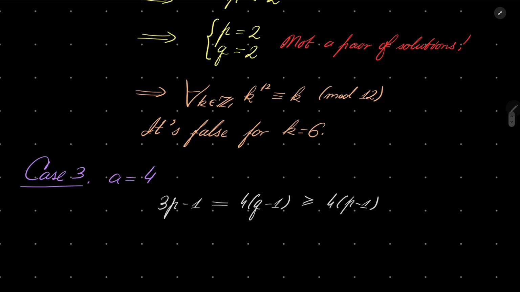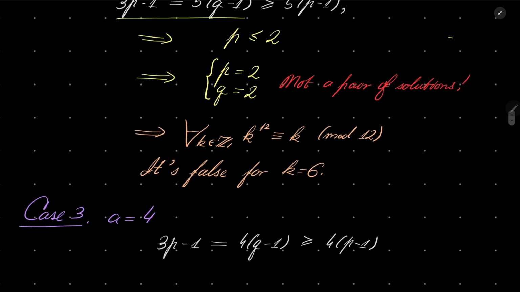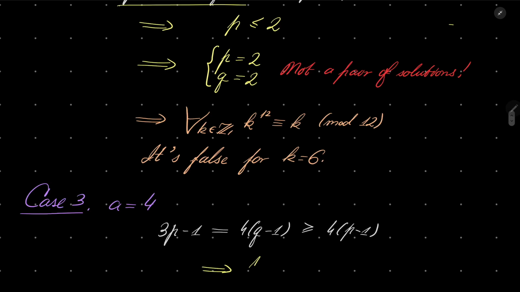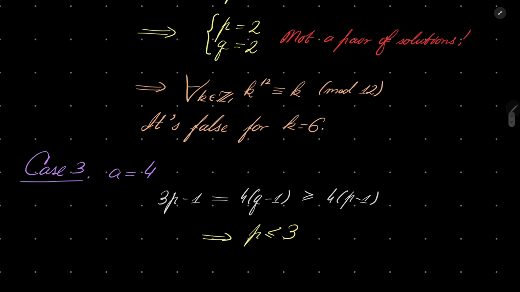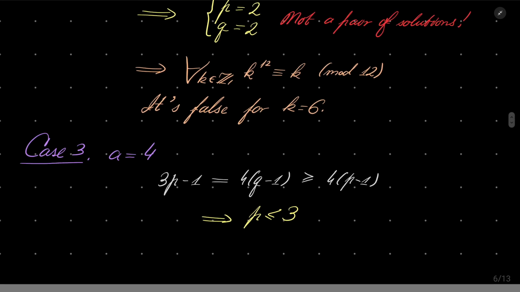And after some shuffling, that means that P must be less than or equal to 3, probably 3. Yes, it is. Okay, so now we have what possibilities? Either P is 2 or P is 3.